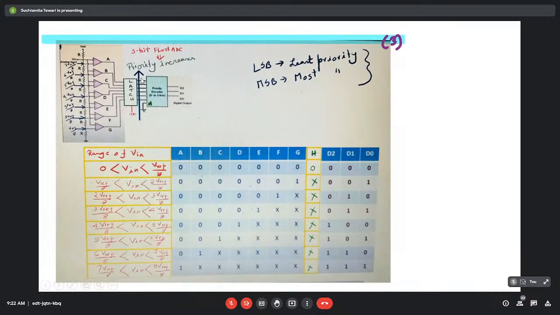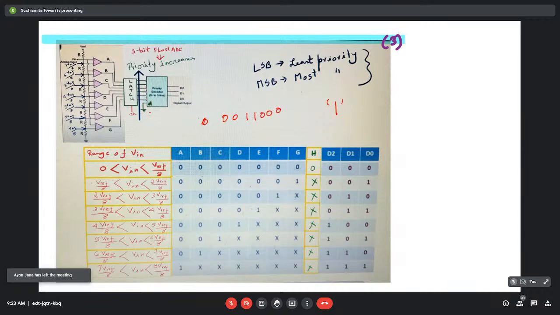Now what does it have to do with the entire coding? This priority encoder works in such a way that it will search for the binary value 1. Suppose it has a combination like 0 0 1 1 0 0 1 1 0 0 0.